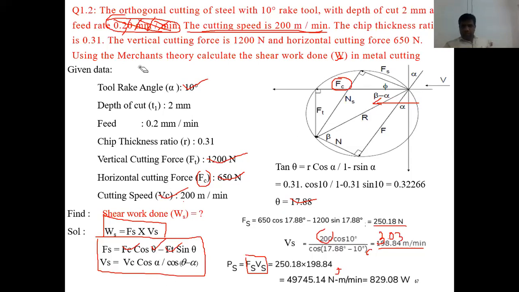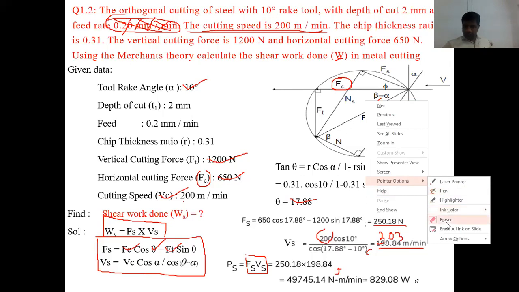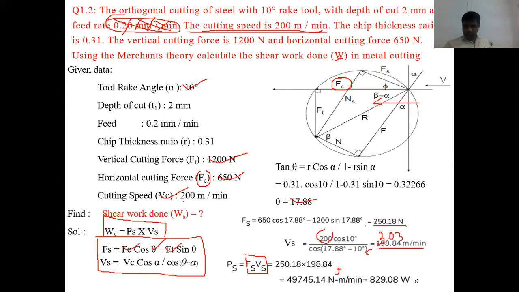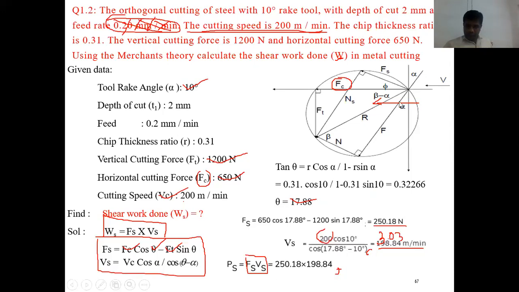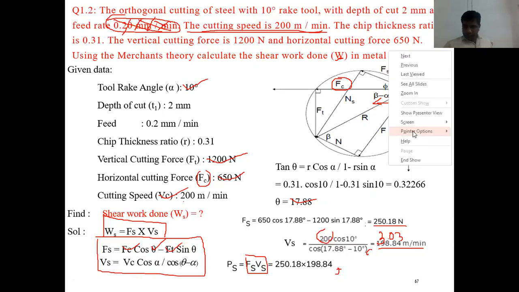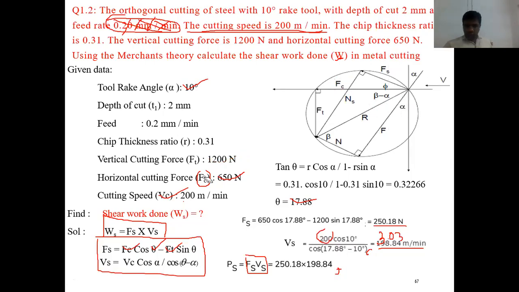Here the Merchant equation is told, so you need to calculate through this value only. Right? So everybody please note this down. Otherwise take a screenshot, then I will move to the next slide. Everybody please note down this solution.